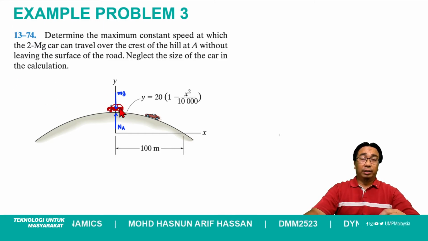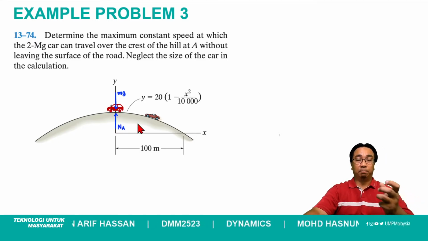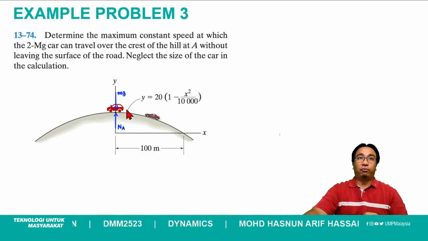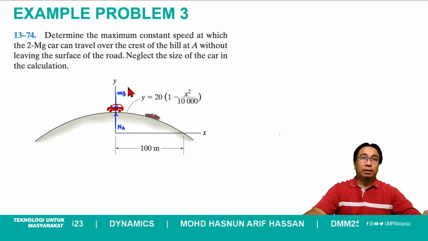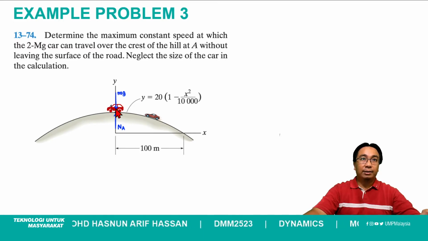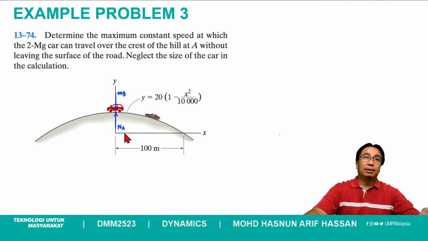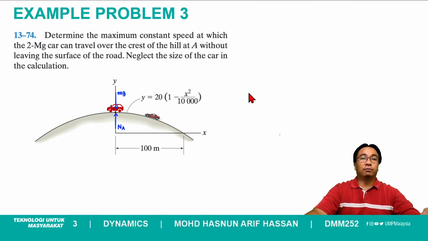So we will consider the car as a particle only, so there will only be one normal force acting on the car. Altogether there are only 2 forces acting on the car: the weight of the car, mg, and the normal force.